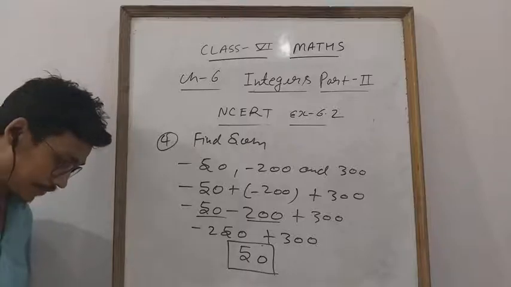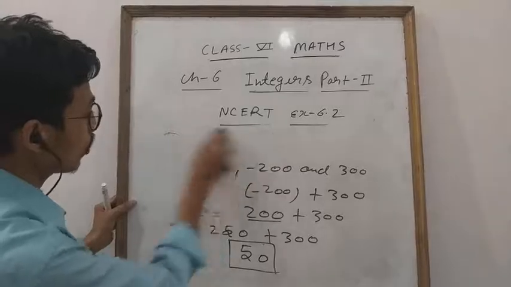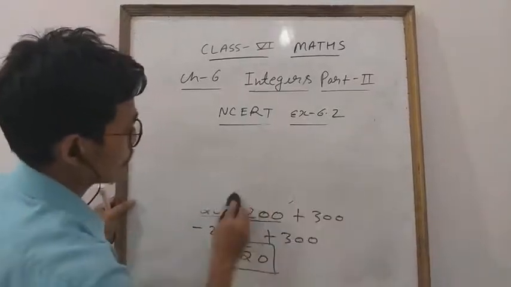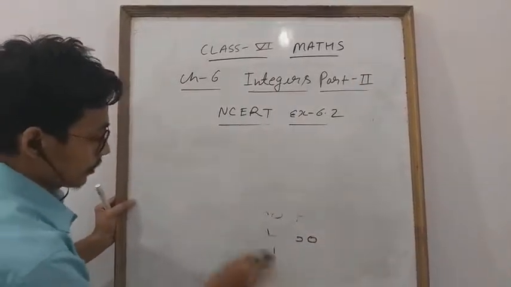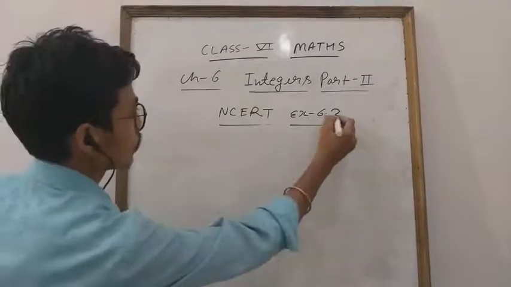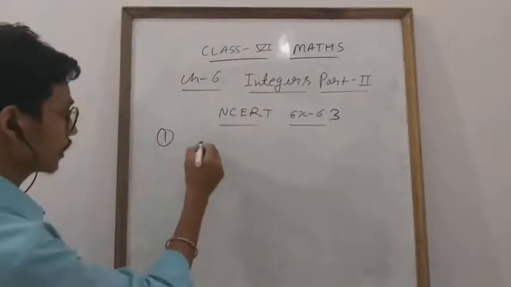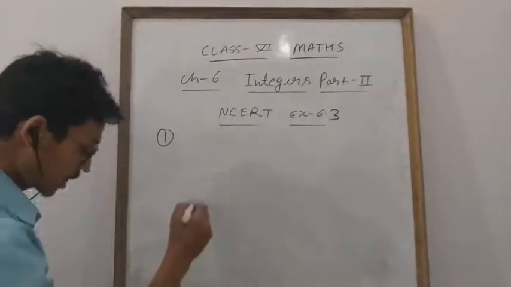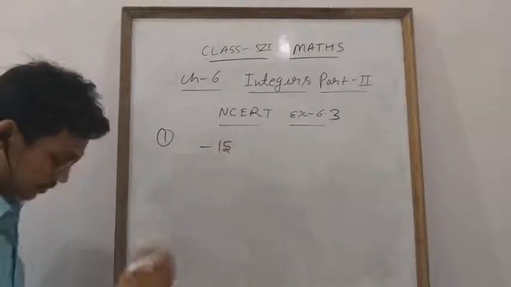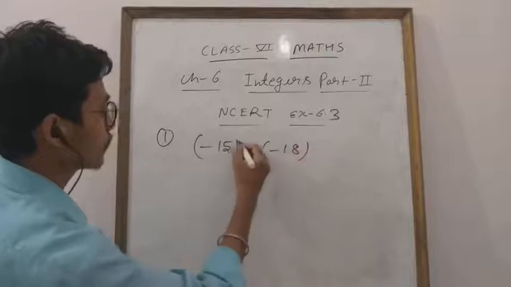Now question number 6, exercise 6.3 I am going to do. Exercise 6.3, all questions are the same, based on the same pattern. So how to solve? See, first question, find, simply it is given. So one question I am going to do, minus 15 minus 18, in brackets.